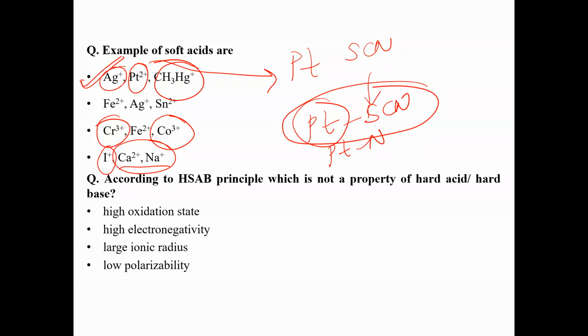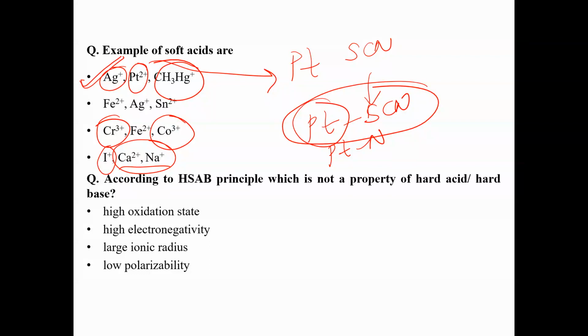So these two questions are basically based on the HSAB principle, the hard soft acid base principle. First you have to identify which is a hard acid or hard base, and this principle states that a hard acid will only form a bond with a hard base and soft with soft, right?